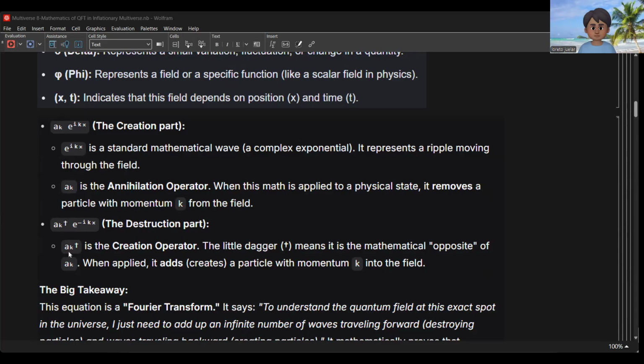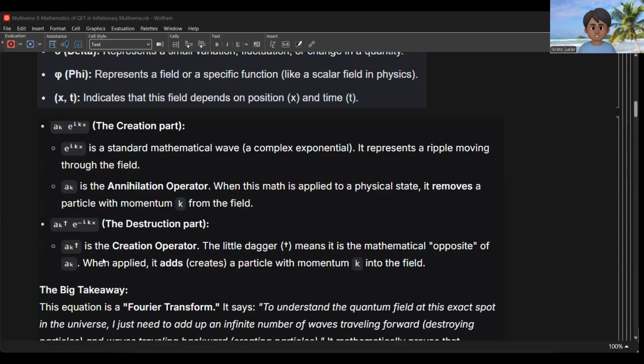So what are a sub k and a sub k dagger here? These are called the annihilation and creation operators. The annihilation operator removes one quantum particle from the field. If there is one particle, a sub k acting on ket one equals ket zero. If there are no particles, a sub k acting on ket zero is equal to zero.